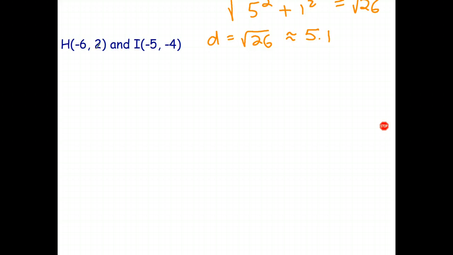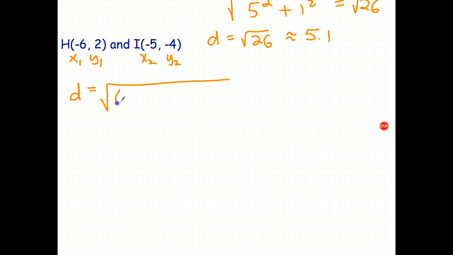In this case, it's not really going to matter too much, so I might as well choose that one for x1, y1, and for that one, x2, y2. So that's always the first step: choose which point is going to be point 1 and which is going to be point 2. The next thing you always do is write the distance formula.